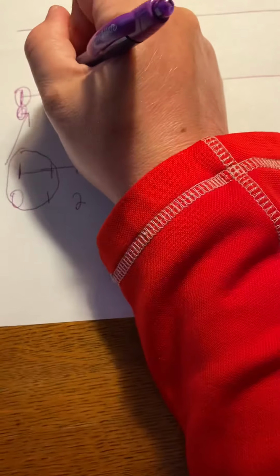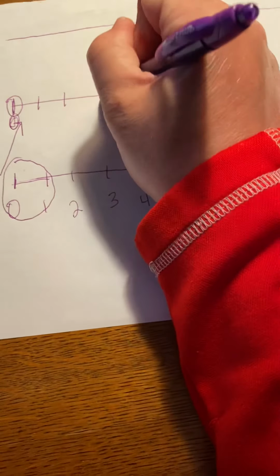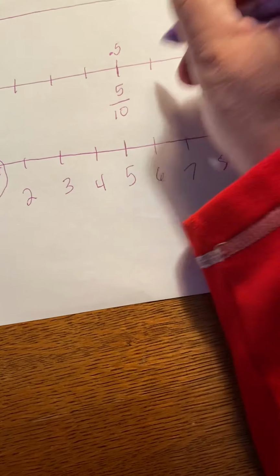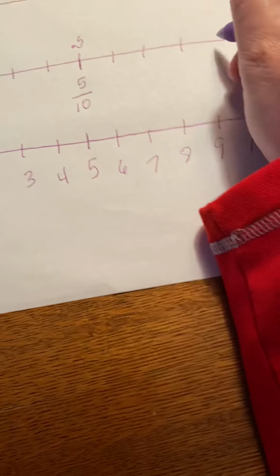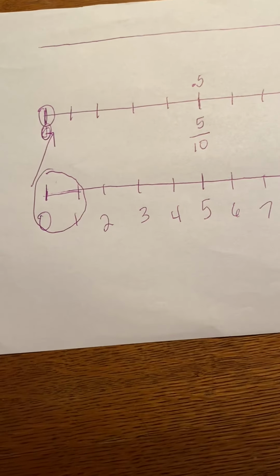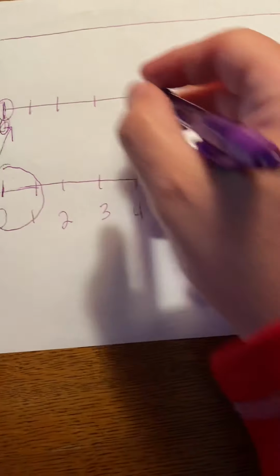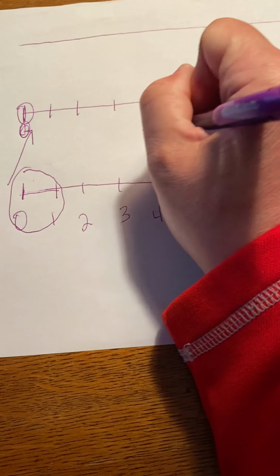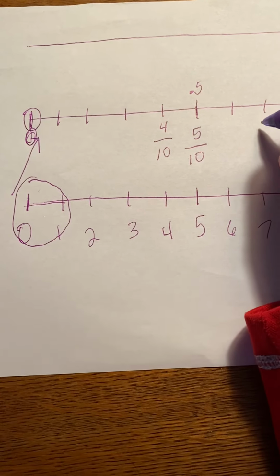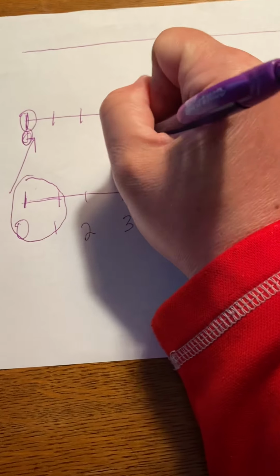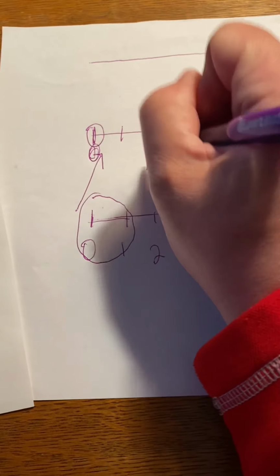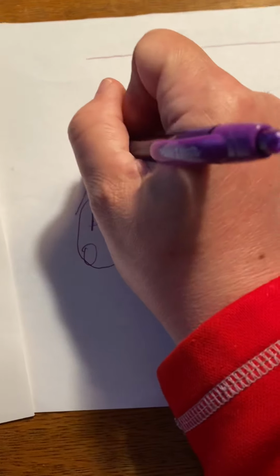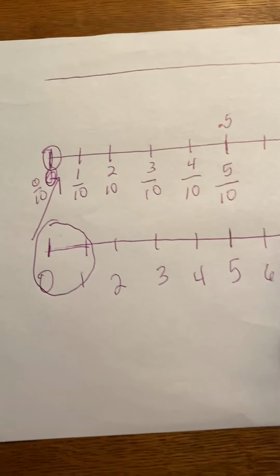And just like we did with our whole numbers down below, I can break every one of my whole numbers into 10 tenths. And if this is 5 tenths, and if I want to work backwards, that might make it a little easier. The one right before 5 tenths is 4 tenths. Then I have 3 tenths, 2 tenths, 1 tenth, and then 0 would again be my 0 tenths, right?